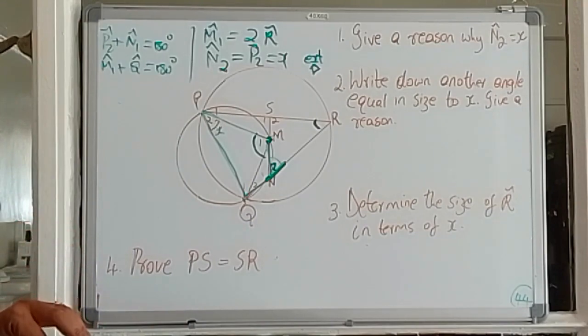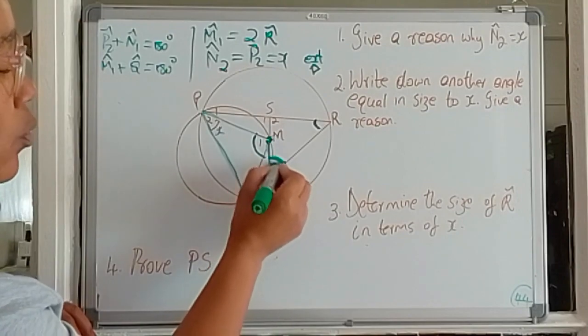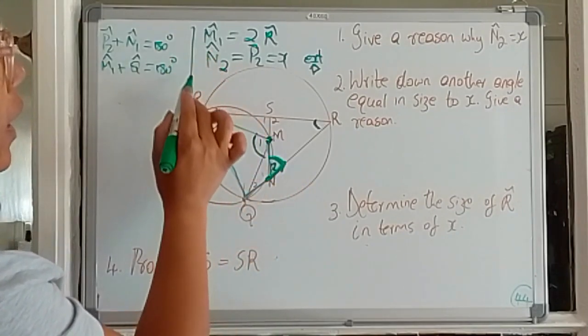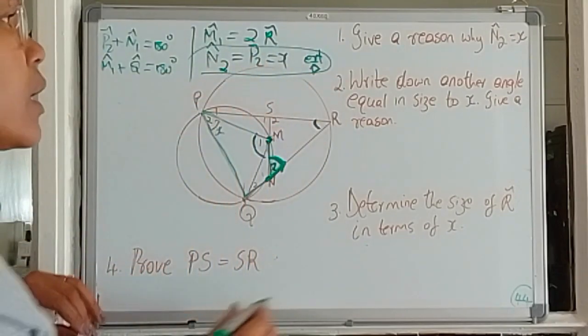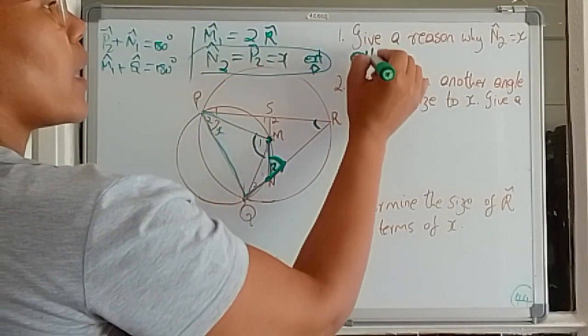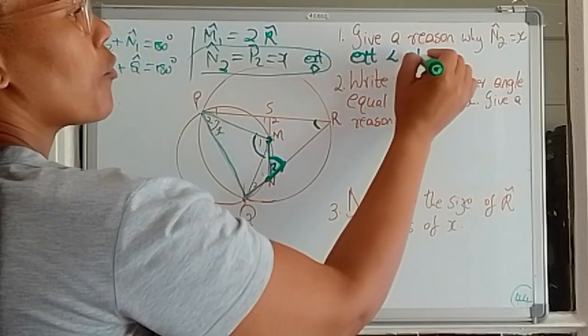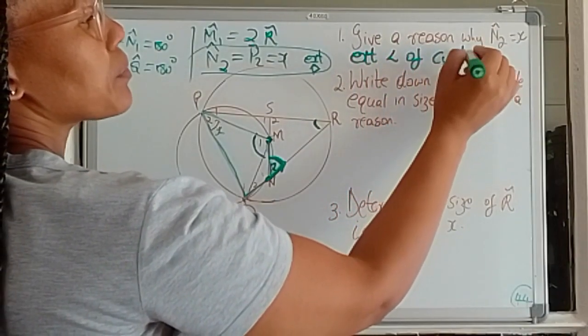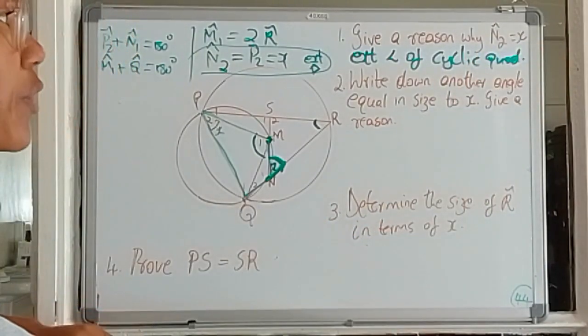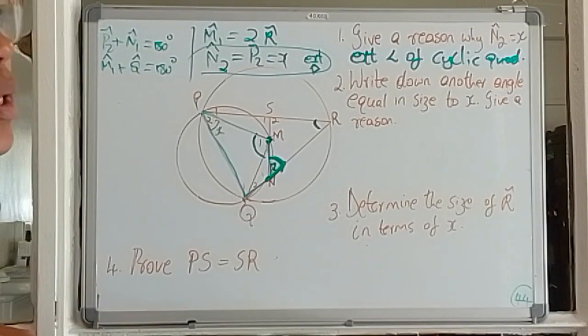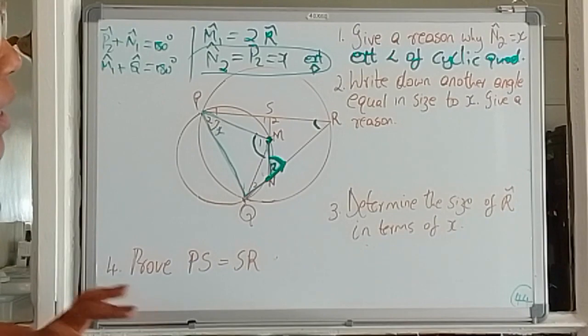The first question in this case is to give a reason why N2 is equal to X. There's N2. While we were reading the information, we had already determined that N2 is equal to X. The reason here will be: exterior angle of a cyclic quadrilateral is equal to the opposite interior angle.